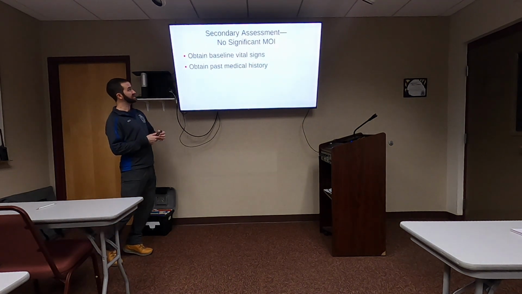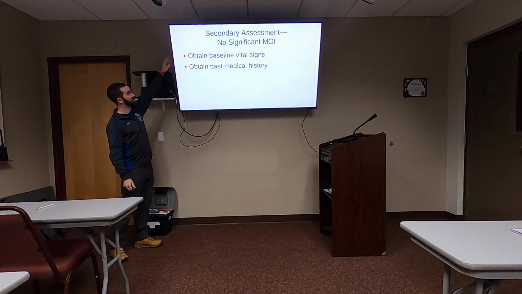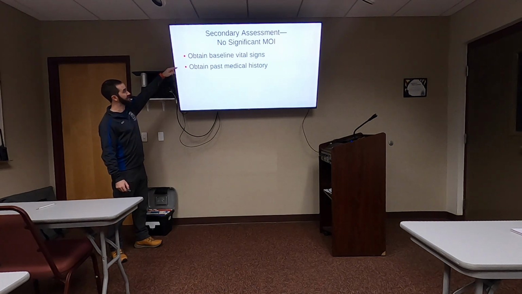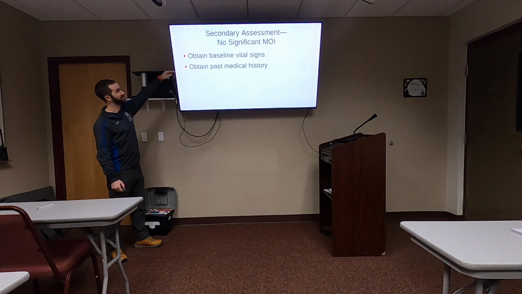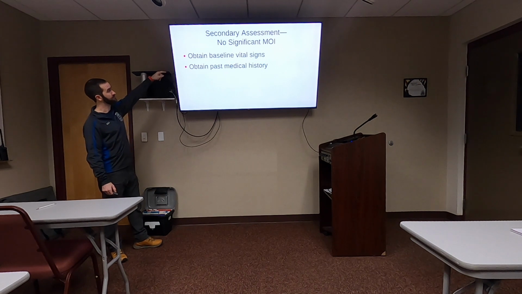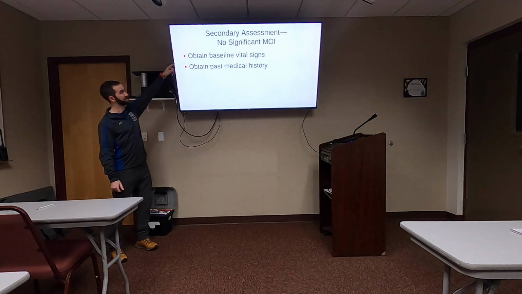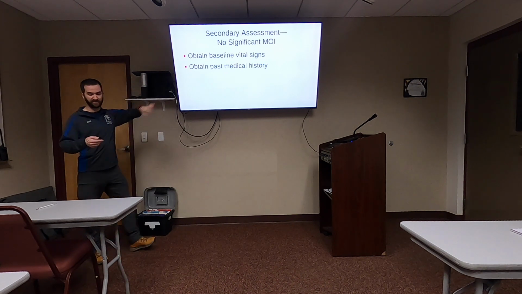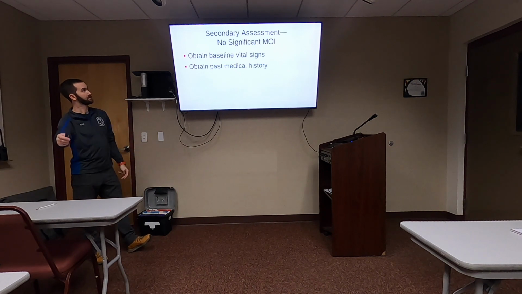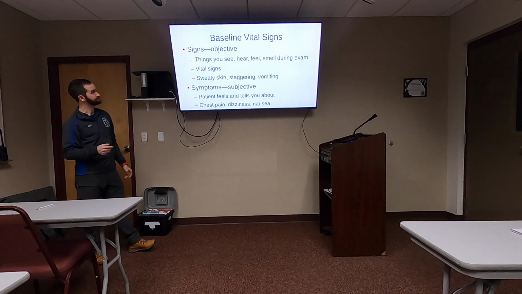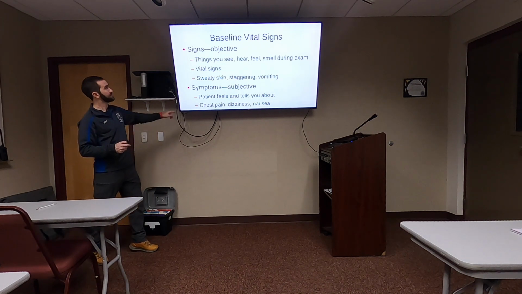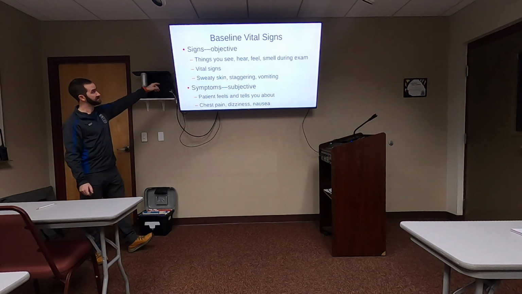So if there's no significant MOI, we're going to get baseline vital signs, past medical history. We'll do both of these for a significant mechanism of injury too. Just running through it here. So we went through the whole vital signs chapter.